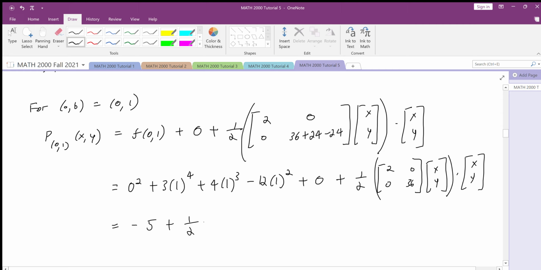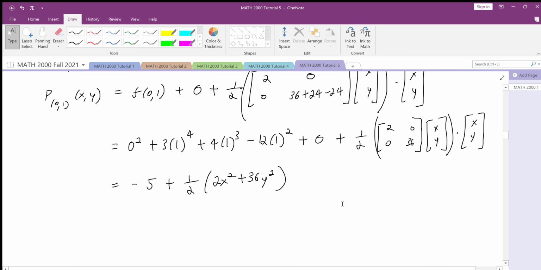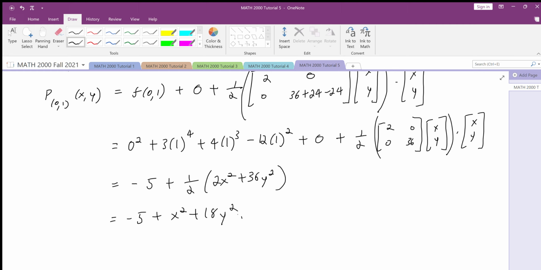And a 1/2, this part's just going to be 2x squared plus 36y squared. Then you simplify that: minus 5 plus x squared plus 18y squared. And this is the second order Taylor approximation at (0, 1).